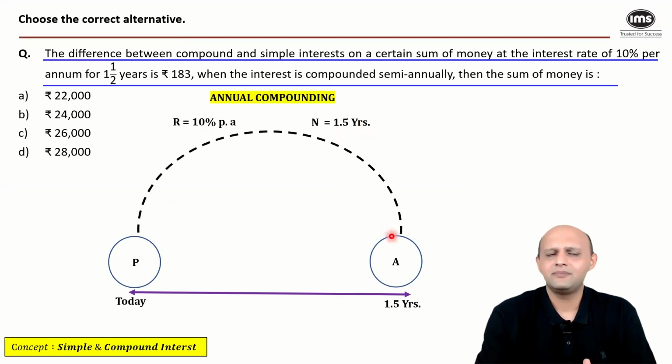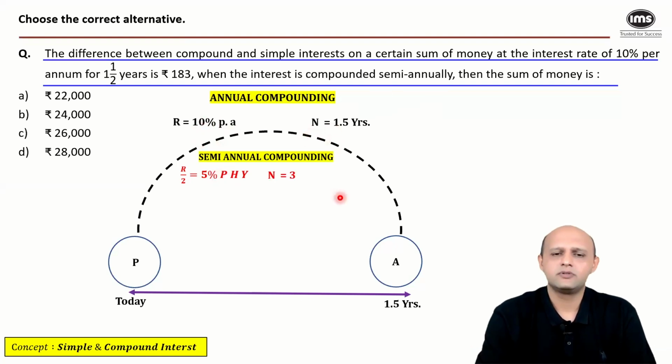But now, is the compounding happening annually? No, it is happening semi-annually. So that is something that we must make note of. In semi-annual compounding, the rate of interest effectively will become half of what it was originally. So if it was 10, it will be 5, and the time period would double. So it is going to be 3 time periods. Let us understand that.